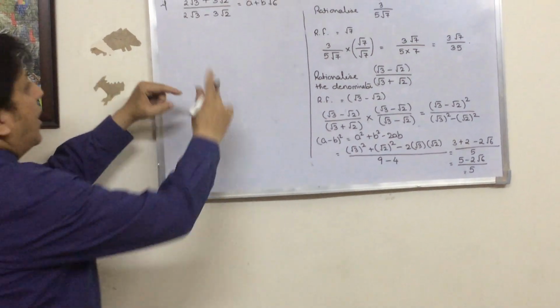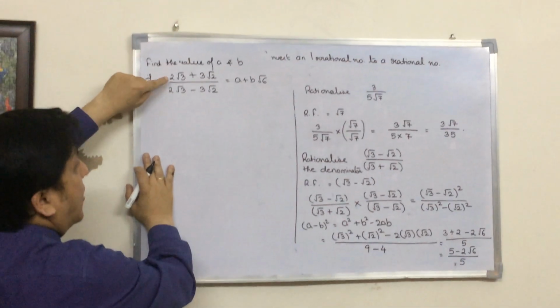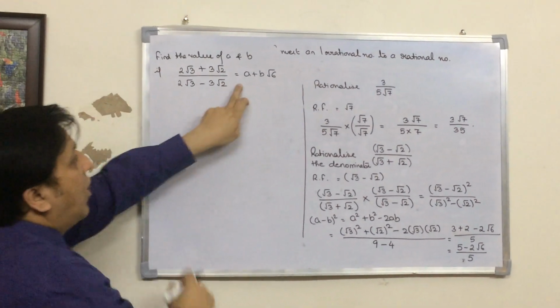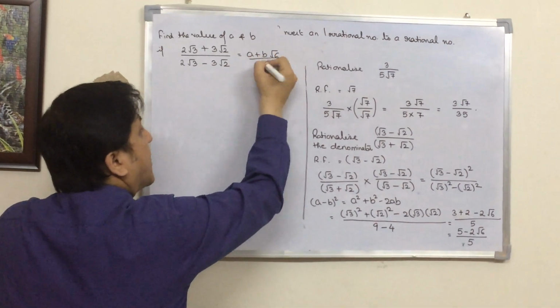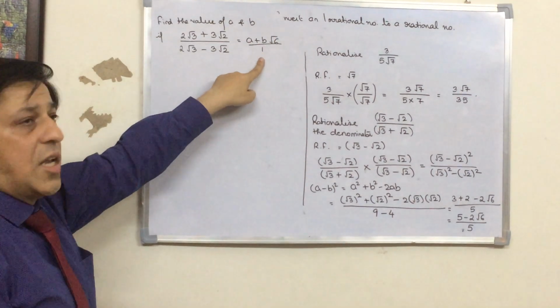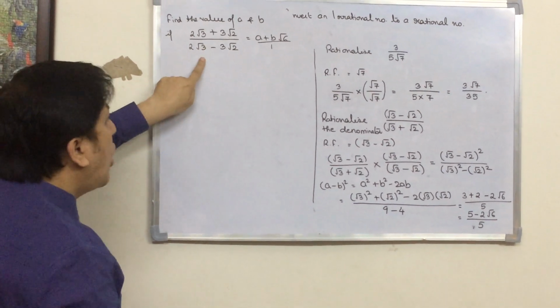Now here on the left hand side, the numerator and the denominator are both irrational numbers, but on the right hand side the denominator is 1, which is a rational number. So that indicates that I have to rationalize the denominator.